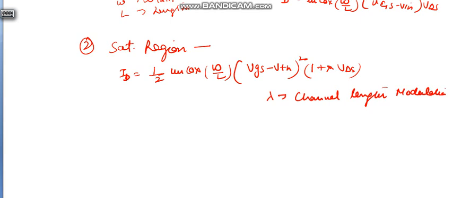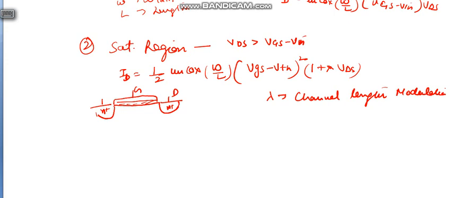Basically if we see the MOS structure, say this is N plus, this is N plus, and this is silicon dioxide, this is gate, this is drain, this is source. Before that, the condition for saturation region: VDS must be greater than VGS minus VTH.